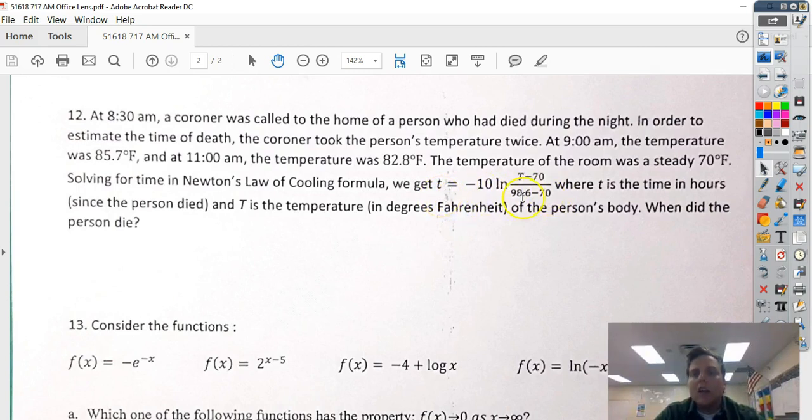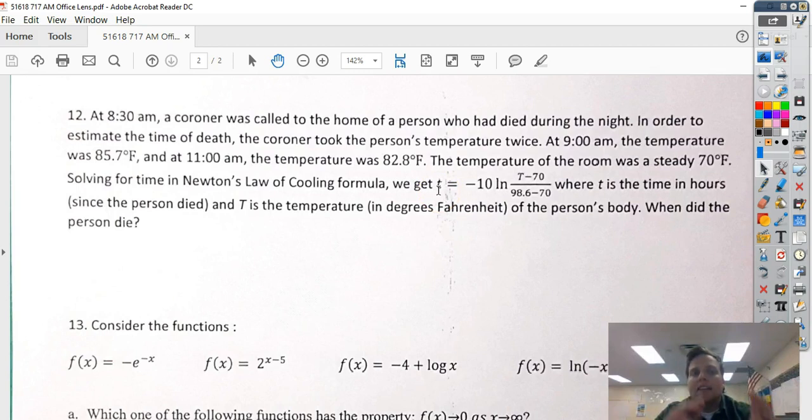No. I don't want you guys to confuse this with a project we've been doing. In the project, we did not give you the constant. In this situation, the -10 constant is given, all right? You don't have to worry about finding it. In the project, you actually had to go find k. We not only already gave you k for this formula, we also already rearranged the formula to solve for t, so you don't have to worry about solving for t, all right?